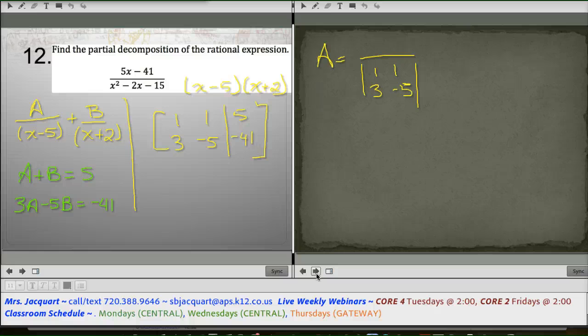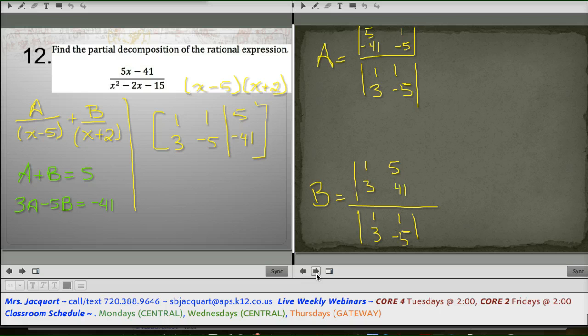X column switches. Y column stays the same. And for B, and let's crunch our numbers.